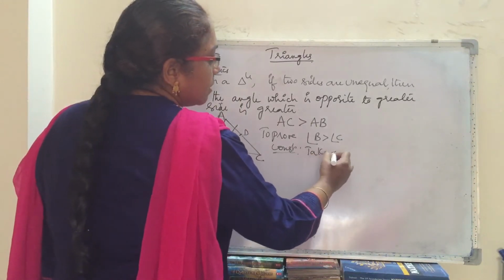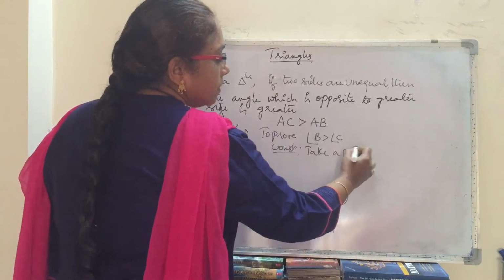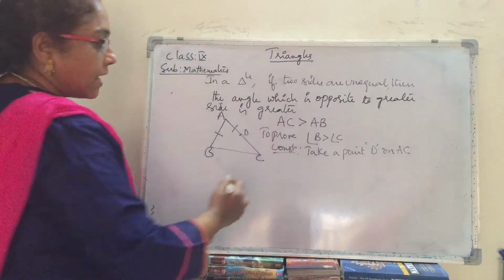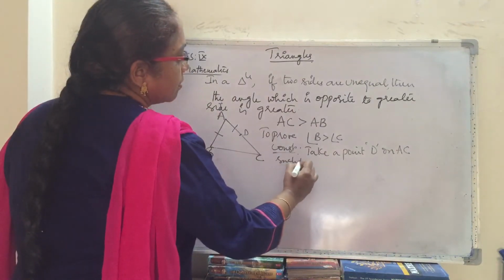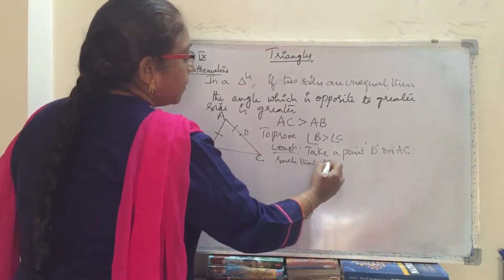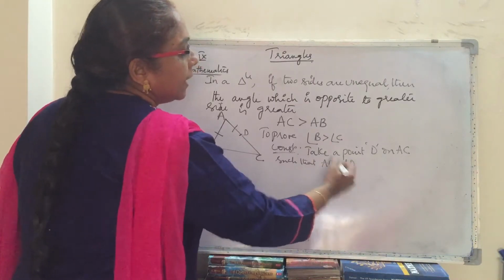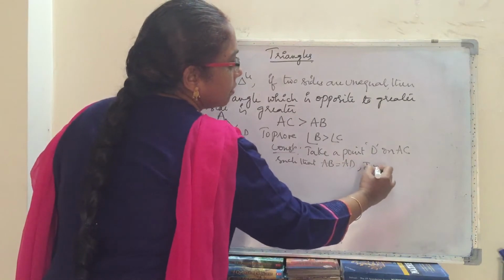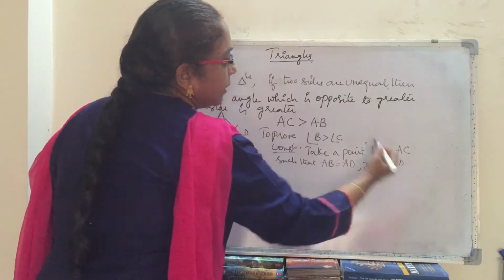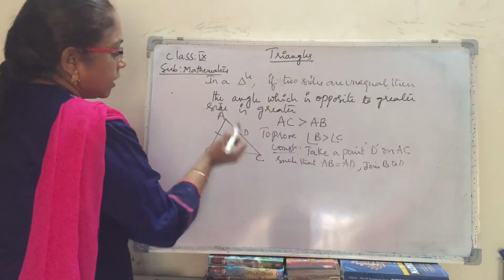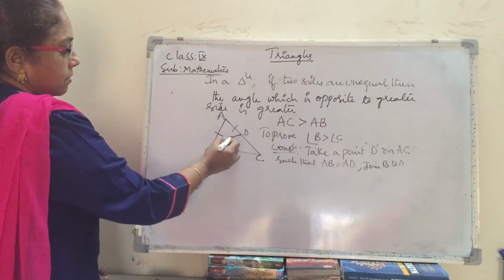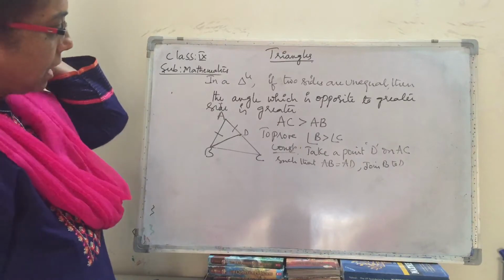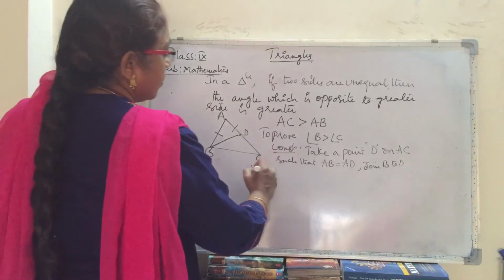Take a point D on AC such that AB is equal to AD. Okay. Then join B to D. See, I am joining B to D. So this is our construction. Is it clear? Now see how you have to prove.